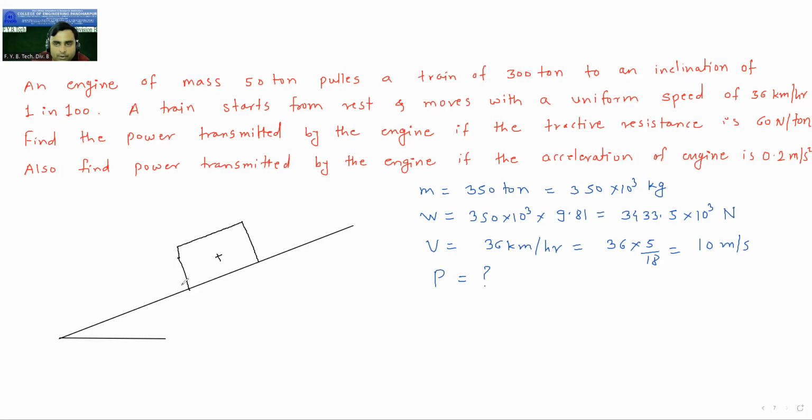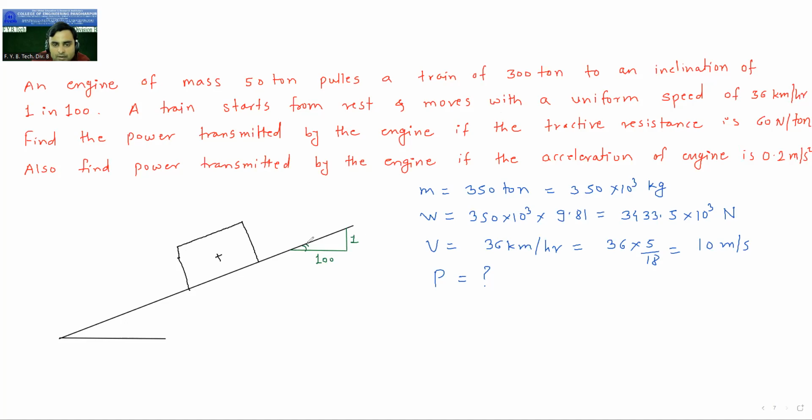Here somewhere the centroid. Okay. A train starts from rest, moves with a uniform speed. Okay. And the inclination of 1 in 100 मांडलेले. What is the inclination this time? It is 1 in 100. So this inclination, this is 1. And here this horizontal part is 100.